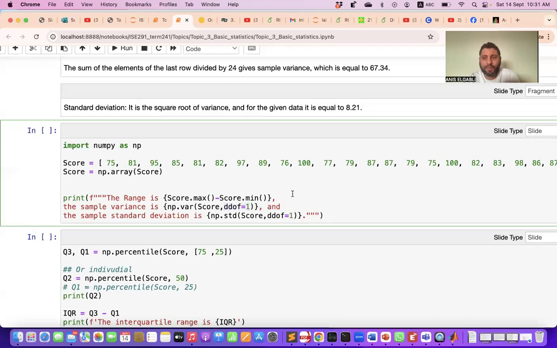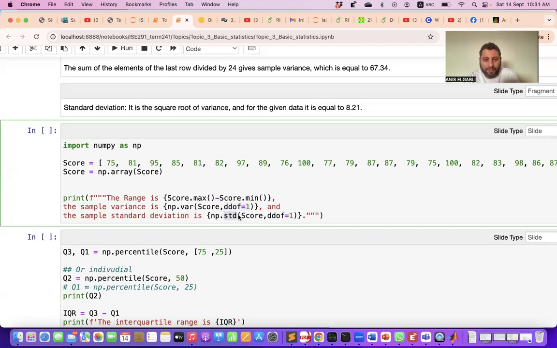That means we divide by n minus 1. By default, this is 0, so we divide by the total number of samples, which is a biased estimate of the actual variance. So here we pass ddof equal to 1 and divide by n minus 1, because we are trying to find the unbiased estimate of the population variance.